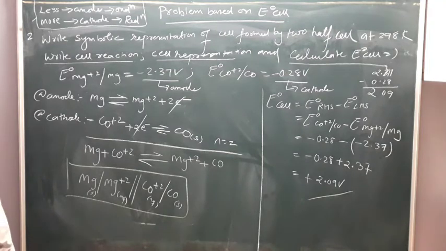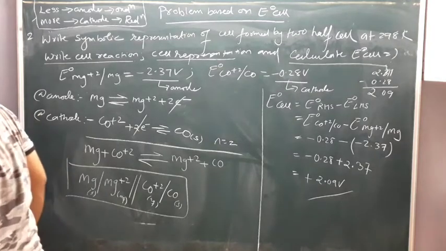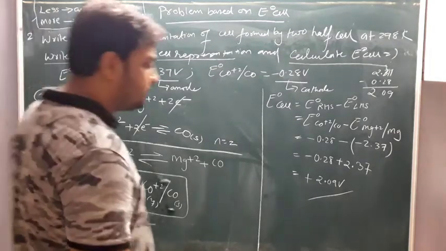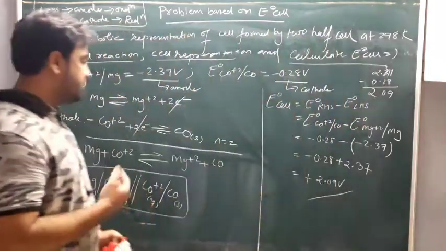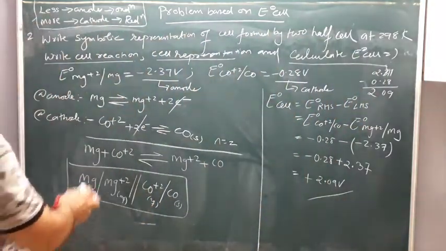Clear? So this question is very important and likely to be asked in the exam. We'll solve the rest of the other problems also. Clear? Okay, you can take a screenshot. I will go with another question.